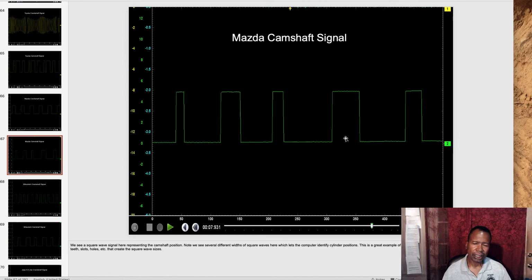Three different sizes here, which again is a known good signal. Yes, medium, small, and large.